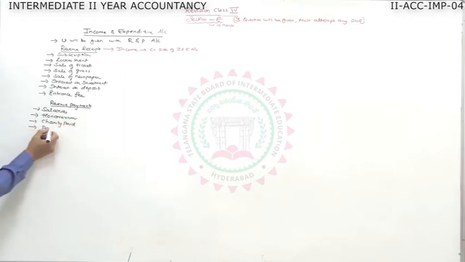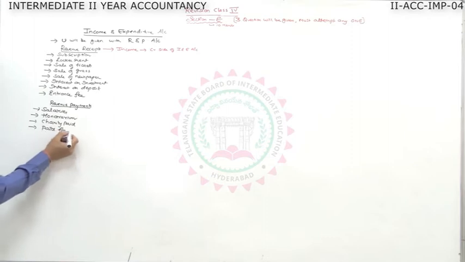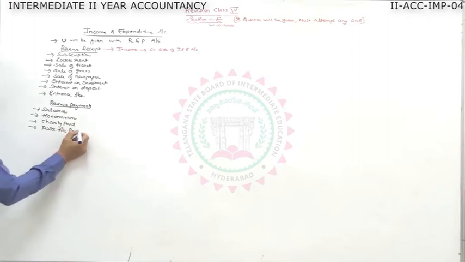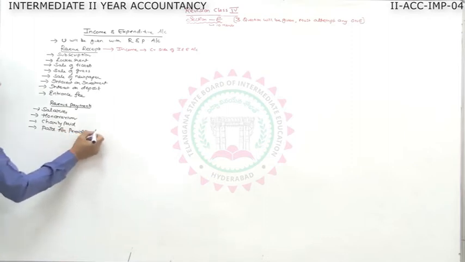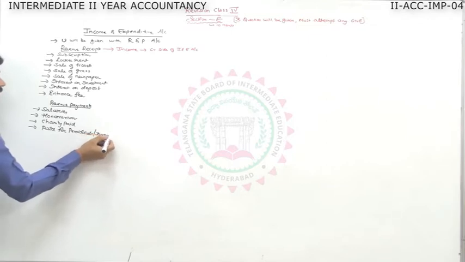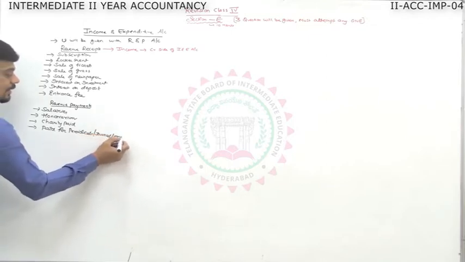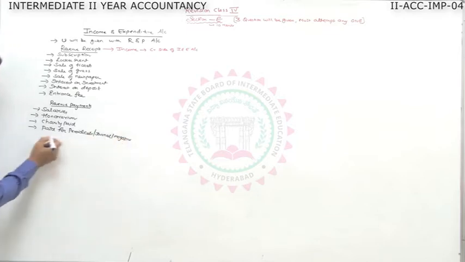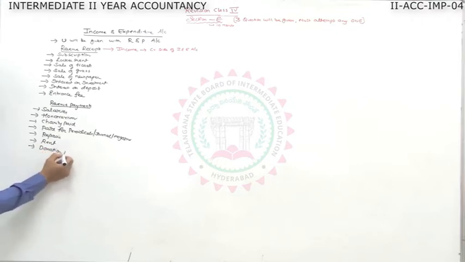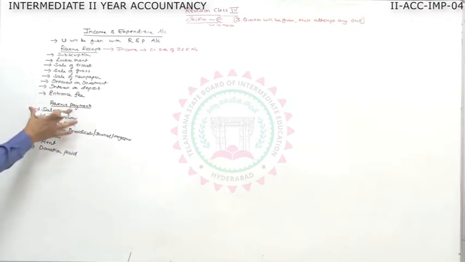Then they will say paid for periodicals or journal or magazine. Keep in mind. Then they may say repairs. Then rent. Sometimes they'll give on the payment side donation paid. These are the frequent payments.